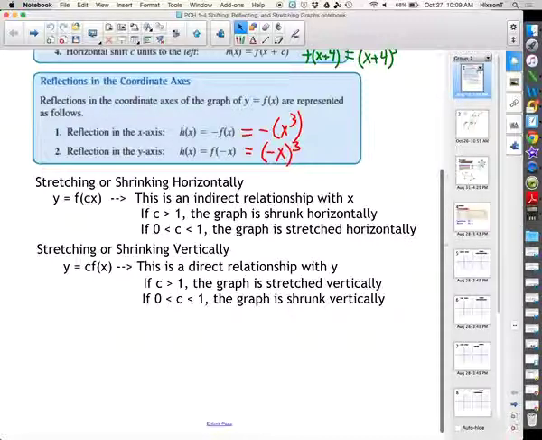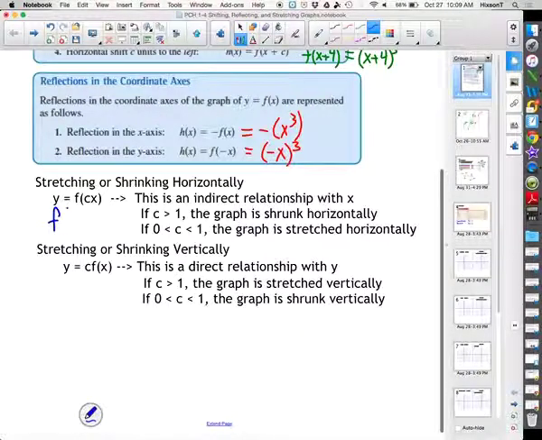So, for example, if we had f of 3x, and in our function we were dealing with x cubed, if we had 3x cubed, that would only be a third as wide as our original parent function. Again, it's an indirect relationship. So 1/3 as wide.